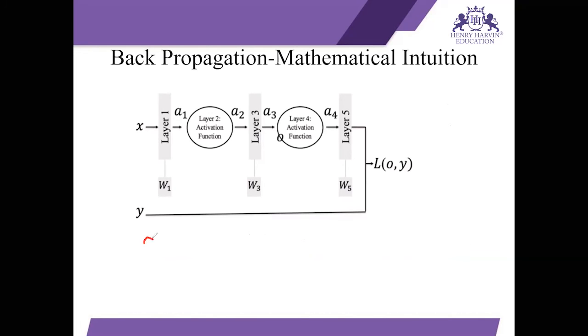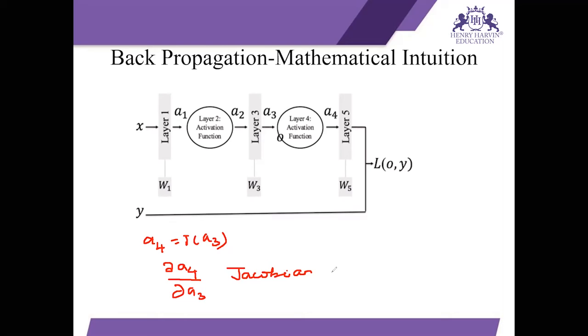Let me write that now. A4, I'm writing it as a function of A3, right? So I can say that dou A4 by dou A3 is a Jacobian, right? And we simply multiply it with the quantity that we created. So the Jacobian is being created. This is the row vector, and this is the matrix.